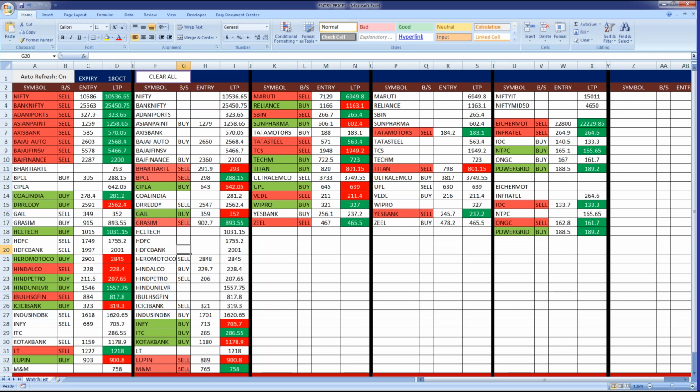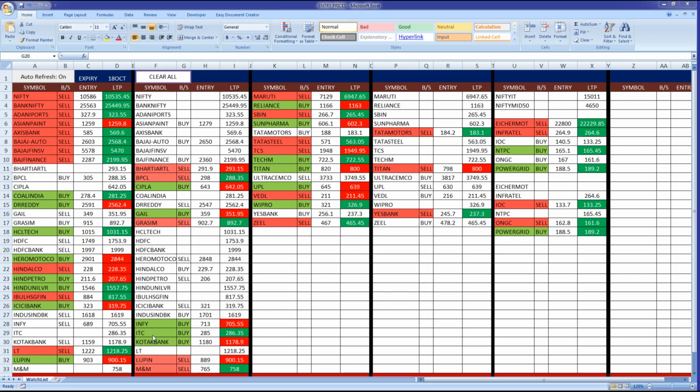I have a call in ITC, which is a buy call. It's already in profit. So on a long-term scale also, sorry, I have a sell call in ITC now. My sell is at 285.